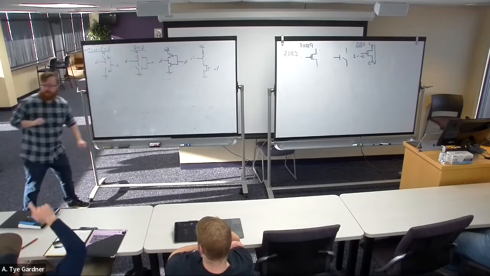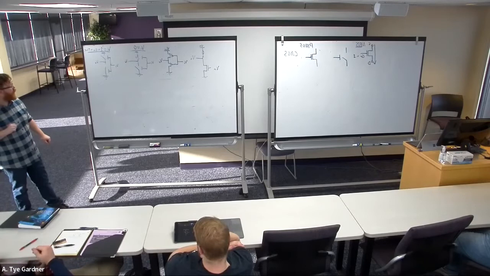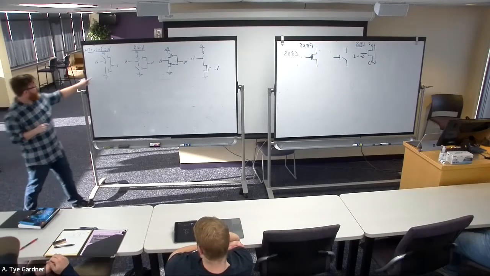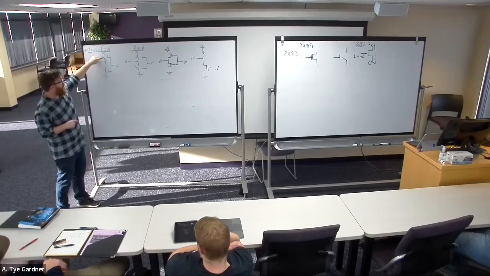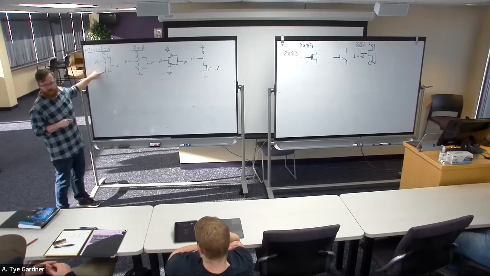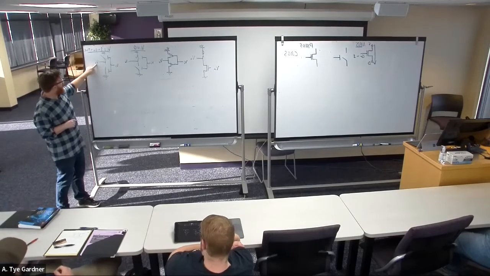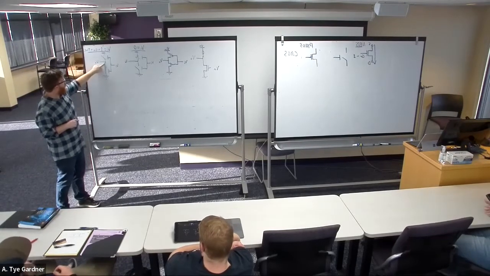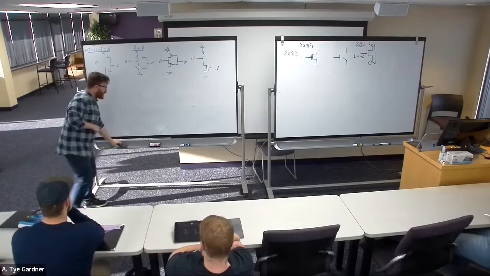Why in the last one is it still open to ground? Why is it not connected all the way through? This one? Yes. Because VCC is here, and I'm broken here. VCC doesn't have any path to ground. But just below VO, is it broken there? No, that's right there. Let me redraw that a little bit so it's maybe a little clearer.